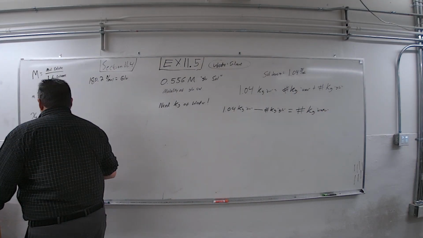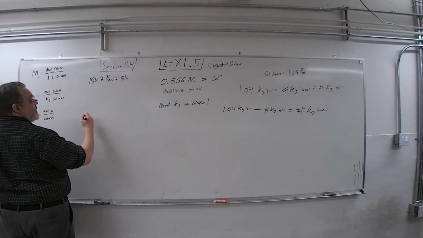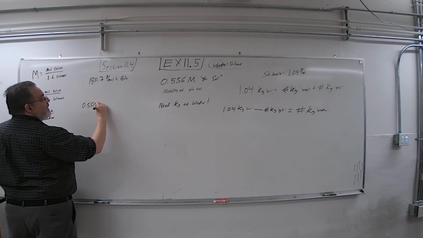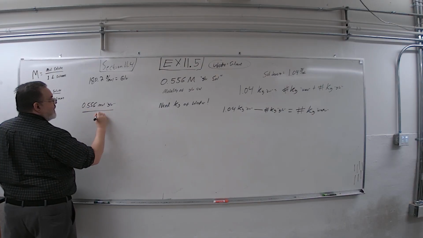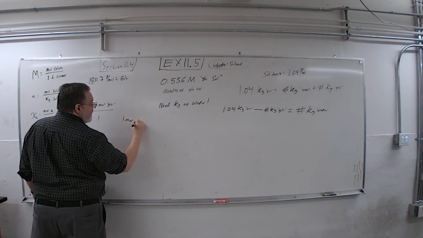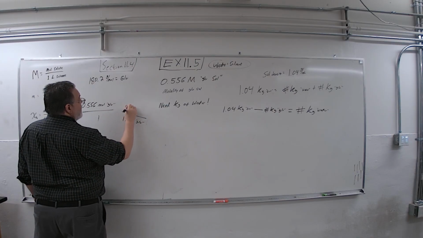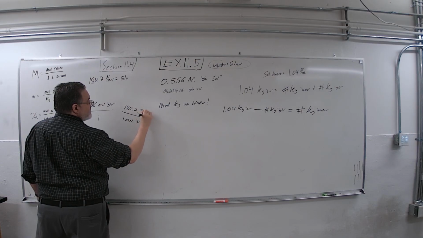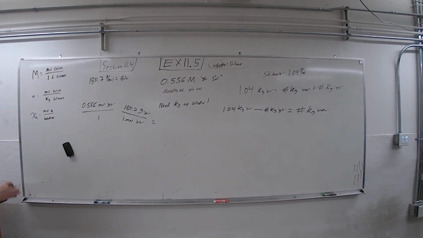So kilograms of glucose, if we have 0.556 moles of glucose and 1 mole of glucose is 182 grams of glucose, the moles cancel.